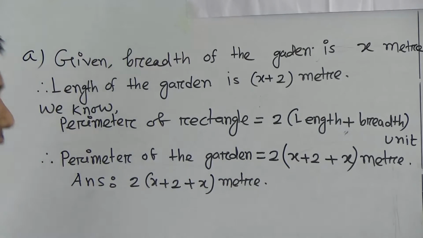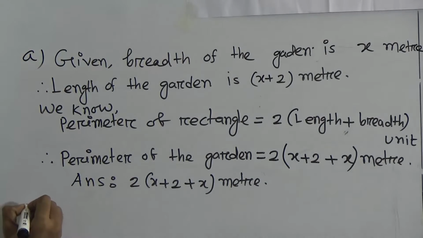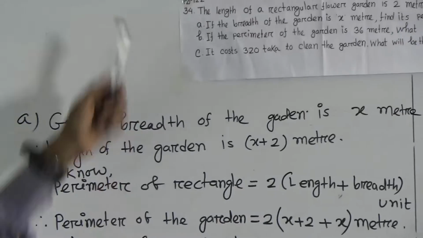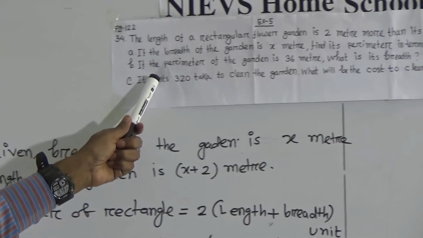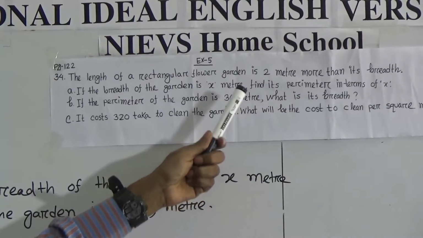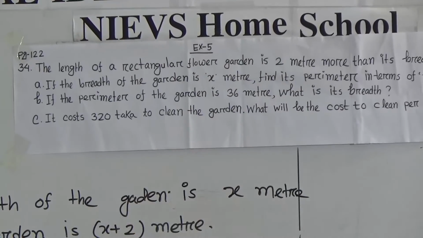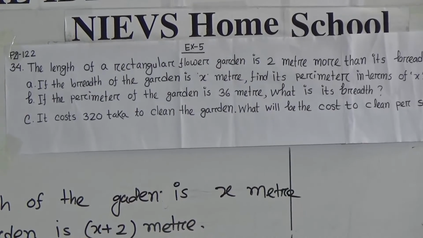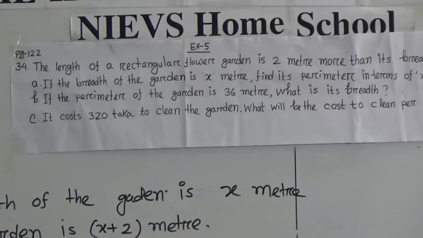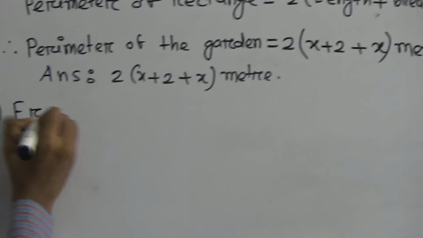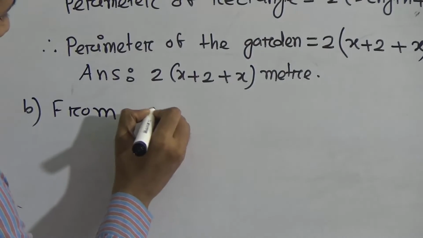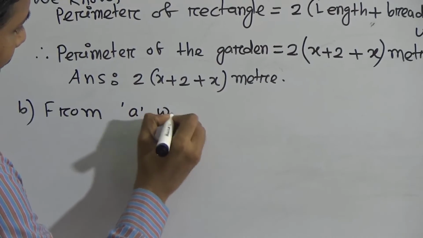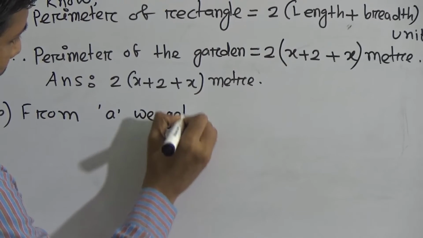Okay. A number finish. Now I will solve B number question. You see the B number question. Now see, if the perimeter of the garden is 36 meter, what is its breadth? Now write from A we get, what we get?